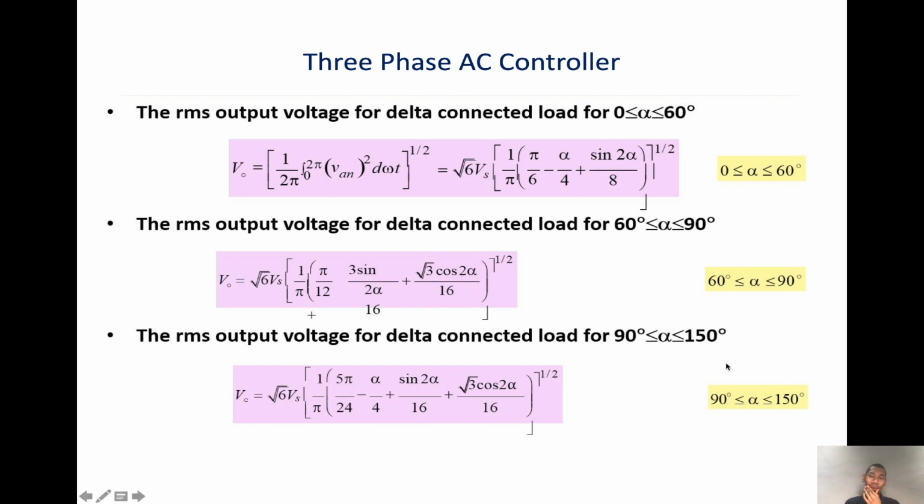And the last case, between 90 and 150 degrees, the RMS voltage is given by this formula. Note here, the RMS output voltage becomes less as the firing angle increases.